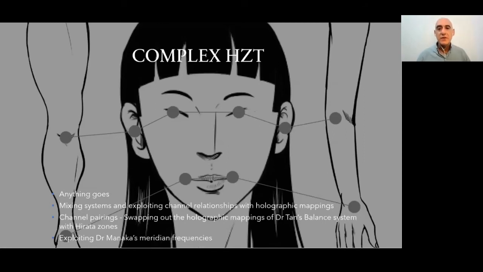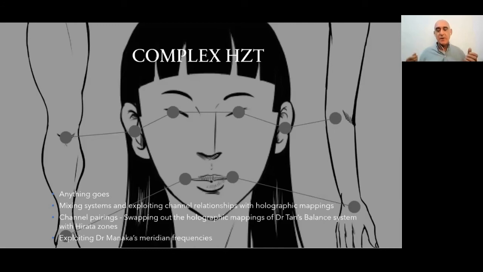For those of you who read my first book, you will have seen that I used Ontake for pain relief using holographic models developed by Dr. Richard Tan. And Dr. Tan used a lot of channel pairings. So, what I found in my own work is that you could swap out a bit like the motherboard on a computer.